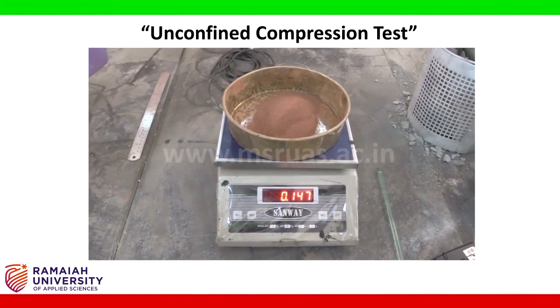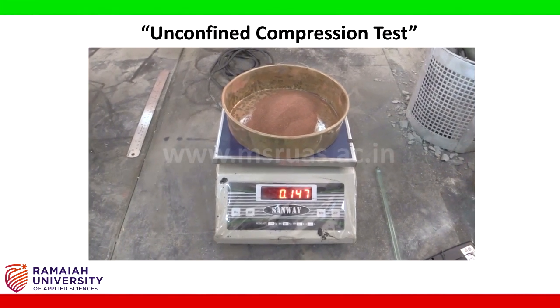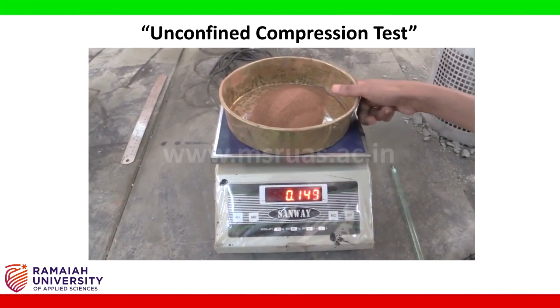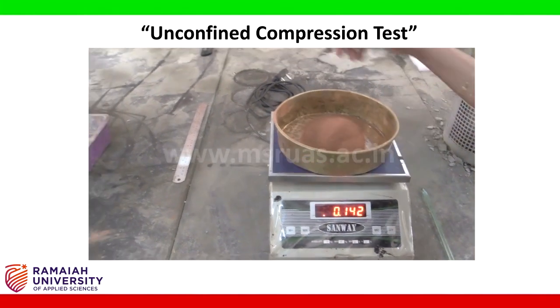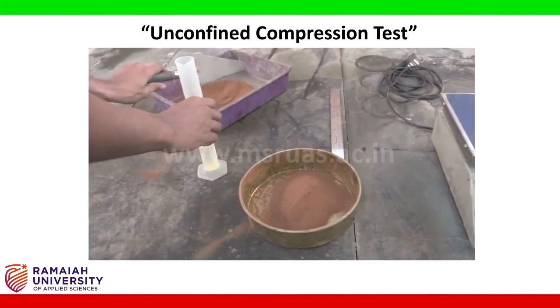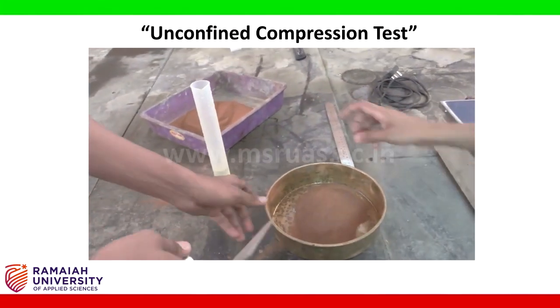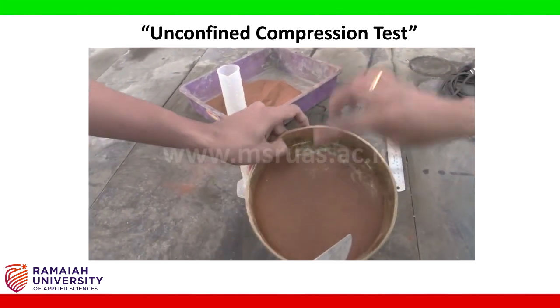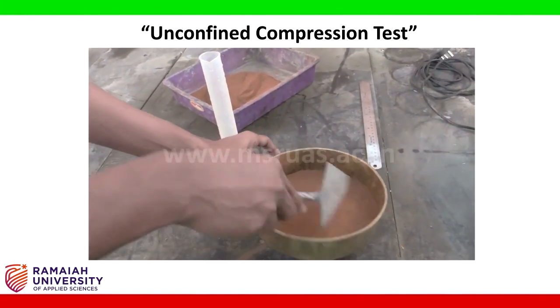So now the weight is around 147 grams. This is the dry weight of the sample. Now we will mix this sample with water. Take around 20% of the weight of the water, pour it into the sample and mix it thoroughly.